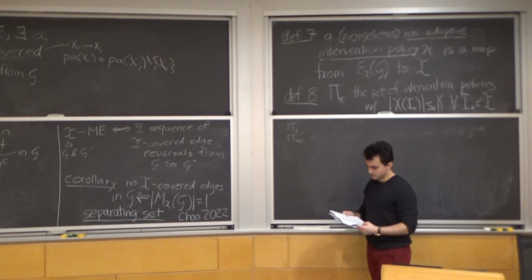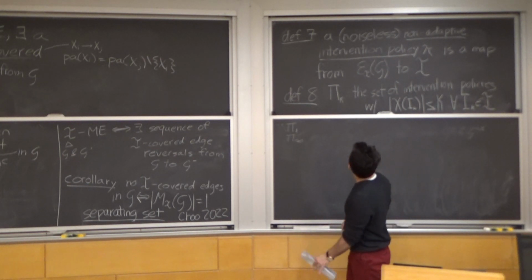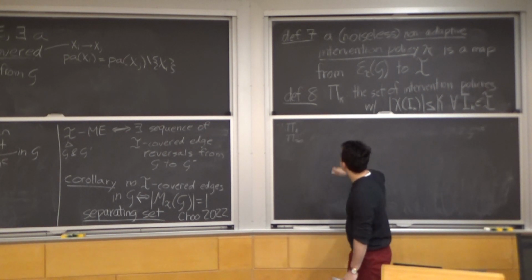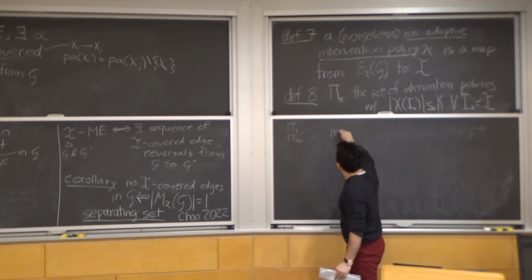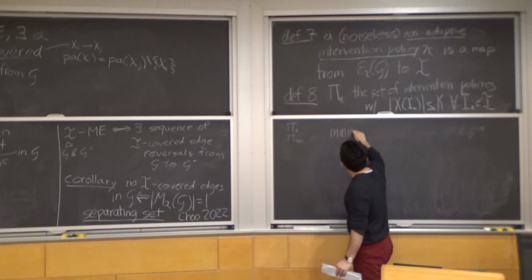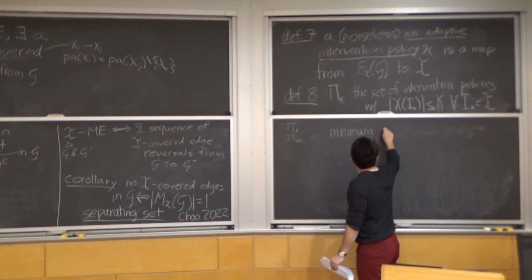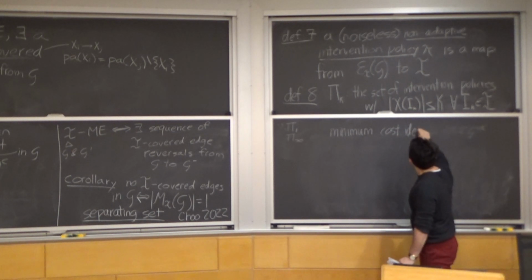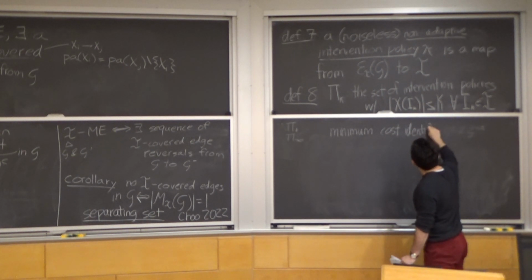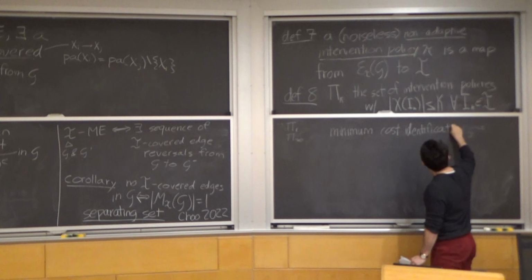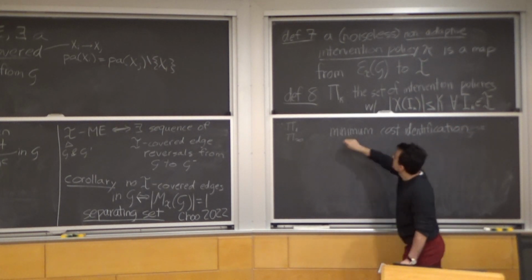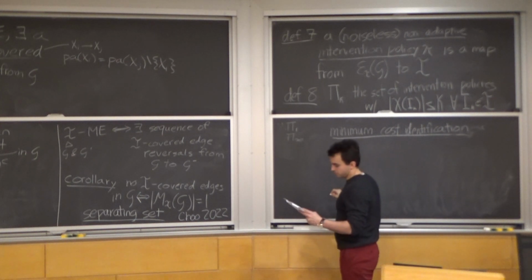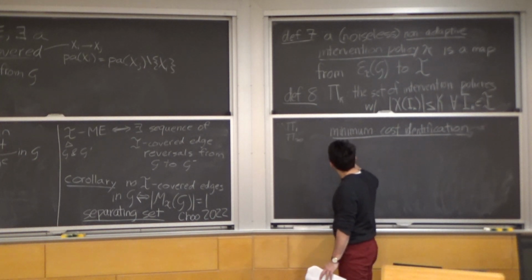The type of problem that we're considering right now is what I'm going to call a minimum cost identification problem. That's where we want to pick an intervention policy.